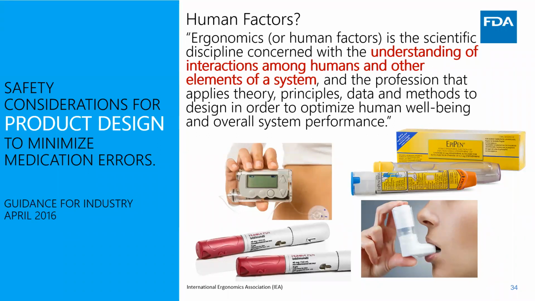And so in this definition, the system represents the physical, cognitive, and organizational artifacts that people interact with. And the term human factors engineering is sometimes used interchangeably with usability engineering. Next slide, please.